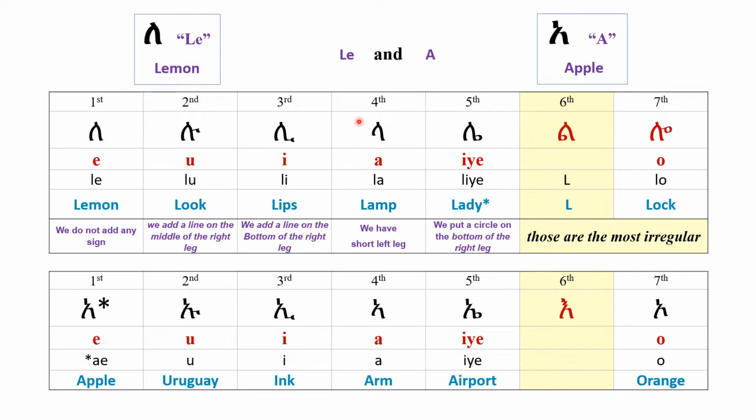By the fourth row, we have a short left leg. By the fifth row, we put a circle on the bottom of the right leg. The sixth and seventh rows are the most irregular rows.